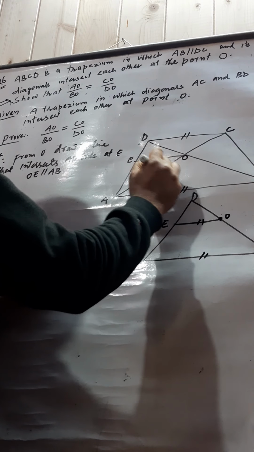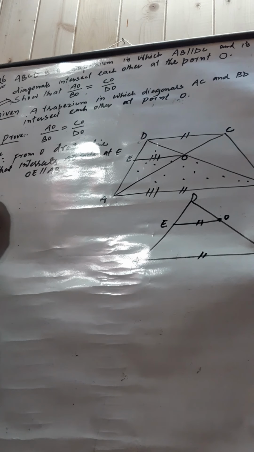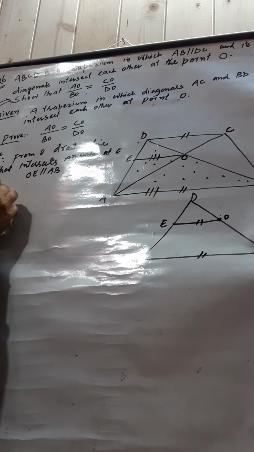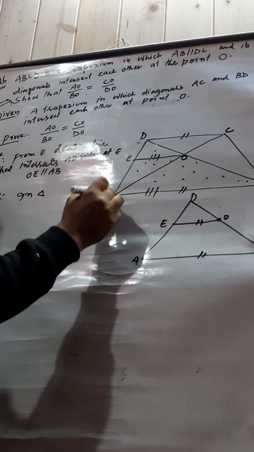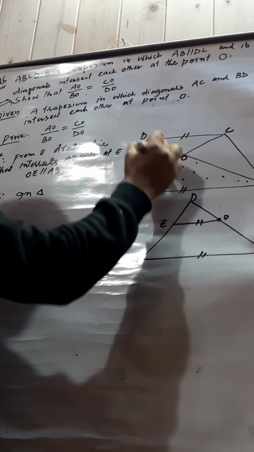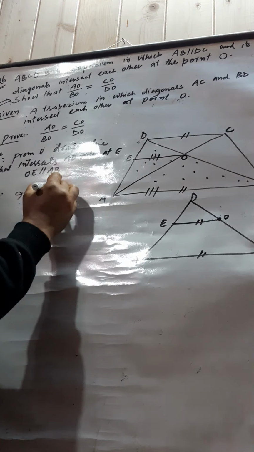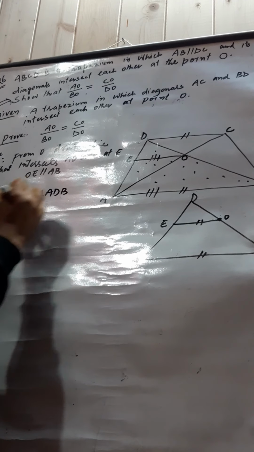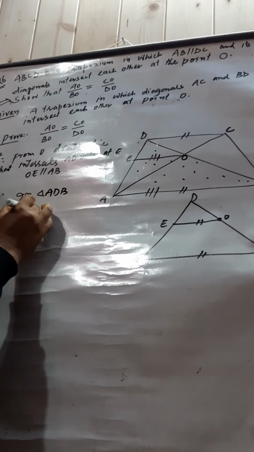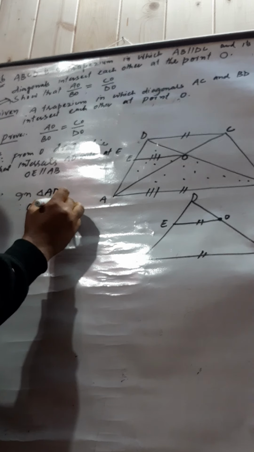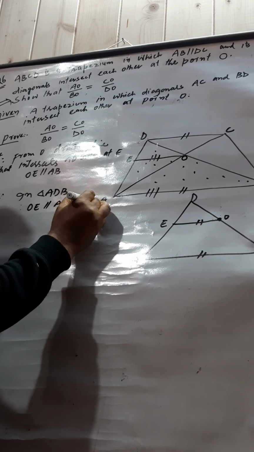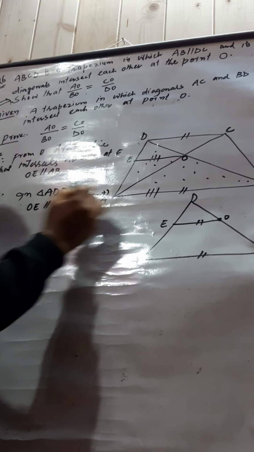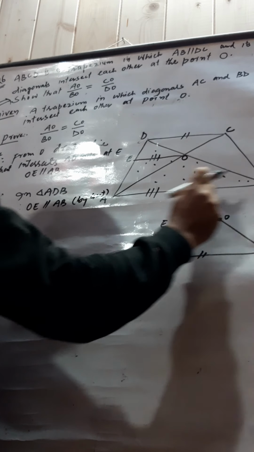For the proof, we will take triangle ADB. What is happening here? This OE is parallel to AB. Why is it parallel to AB? By construction, this OE is parallel to AB.